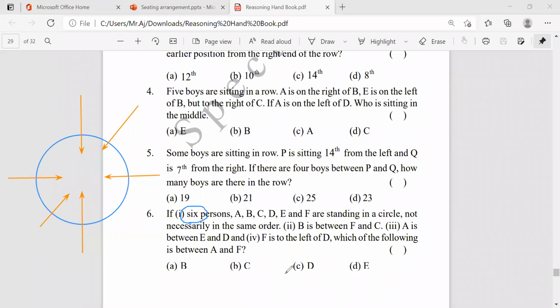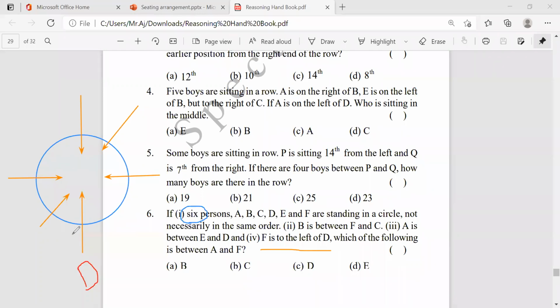It is also different. Go for another one. F is left of D. Here they are saying only one thing, F is left of D. Now think, take this as D.